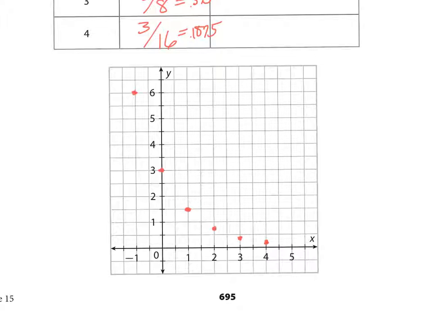Again, for myself personally, I would use decimals rather than the fractions like the book does, because to me it's a little bit easier to graph. So when you got the 0.3, 0.375, I know 0.375 is pretty close to 0.5, but it's a little bit below it. And then at the 0.4, we had 0.1875, which is just barely above 0.